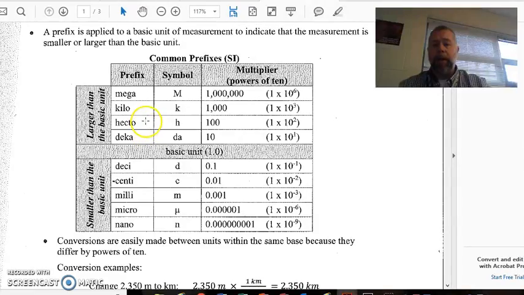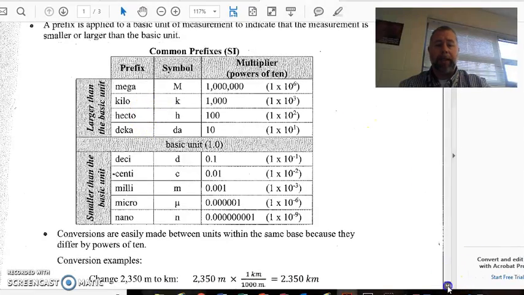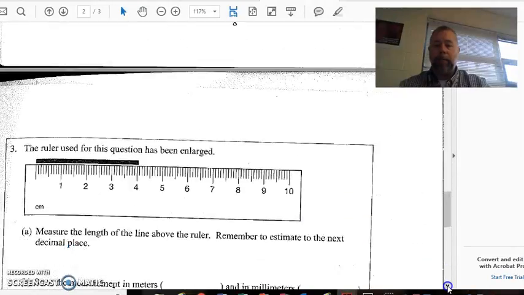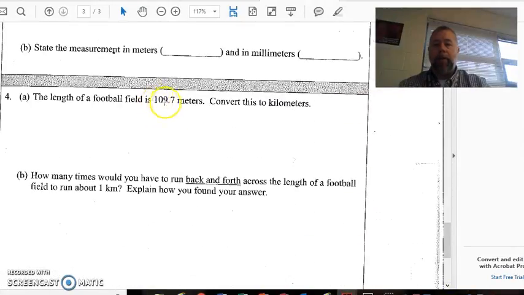And you're going to move it 1, 2, 3 spaces. If we come back down here to our question, 109.7. So we're going to move it 1, 2, 3. So it's 0.1097. It's as simple as that.